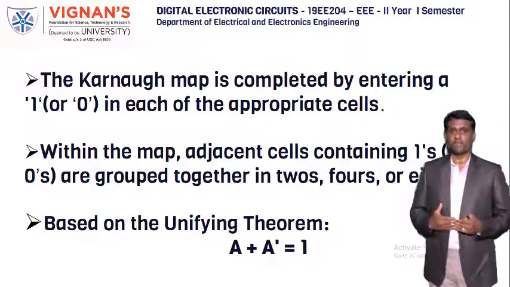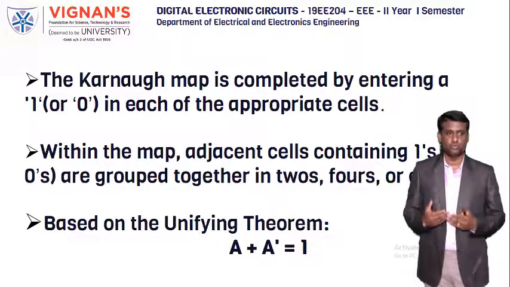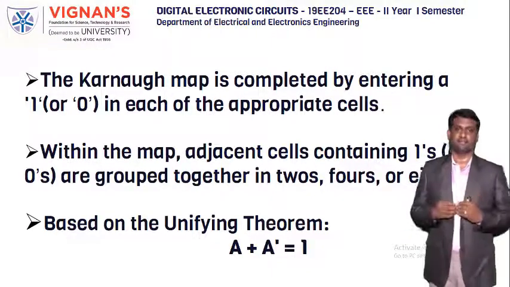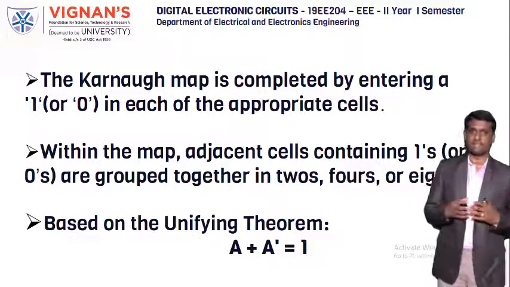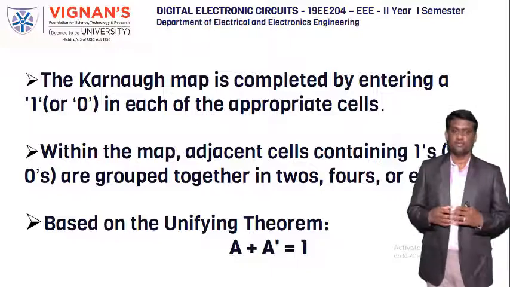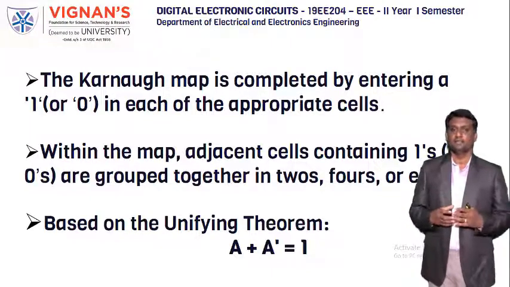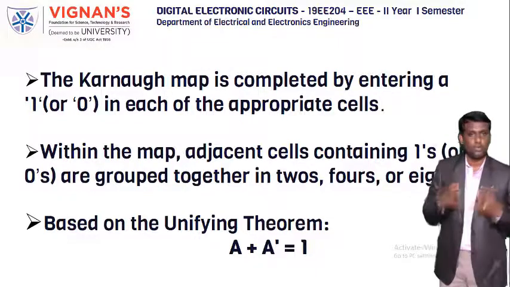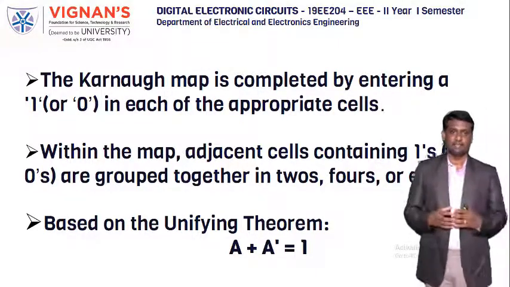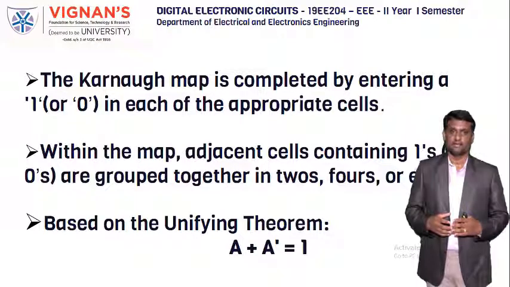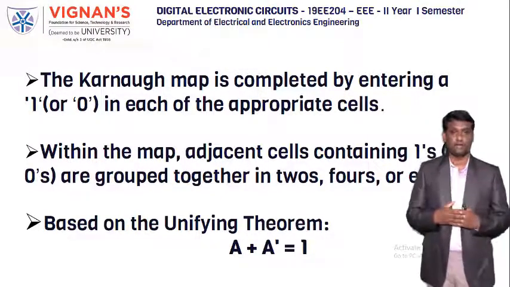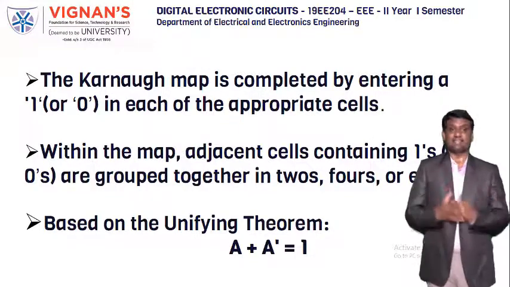Coming to the simplification process, we have to simplify by grouping cells. In the K-map simplification method, we have to group the cells. The grouping can be done with either 2 cells as a group, 4 cells as a group, 8 cells as a group, or 16 cells as a group.